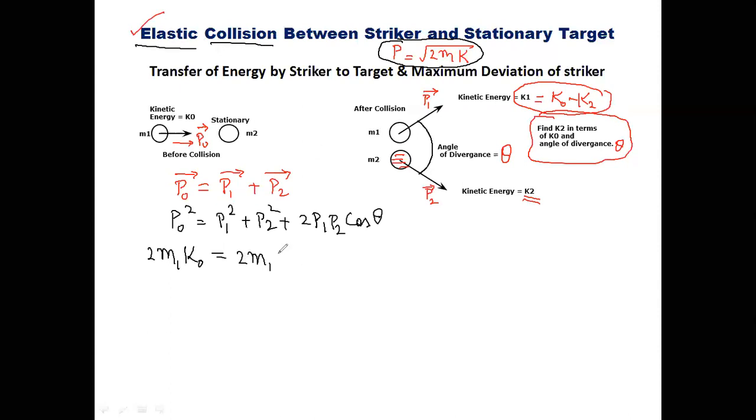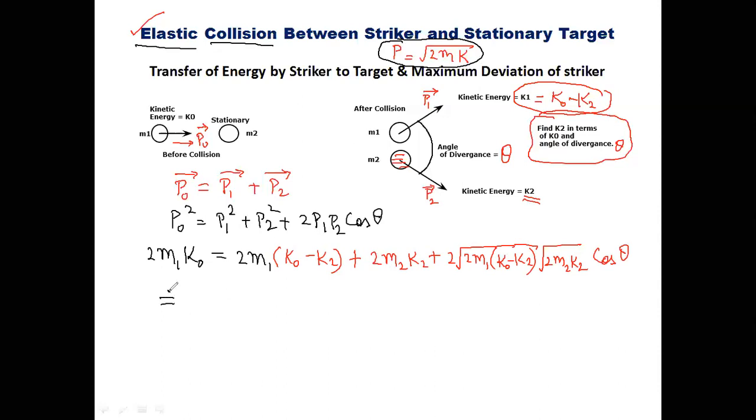So 2m1 times k0 minus k2, plus P2 square, which is twice m2 times k2, plus 2 times P1, which is the square root of 2 m1 times k0 minus k2, times P2, which is the square root of 2 m2 k2, and then cosine theta.